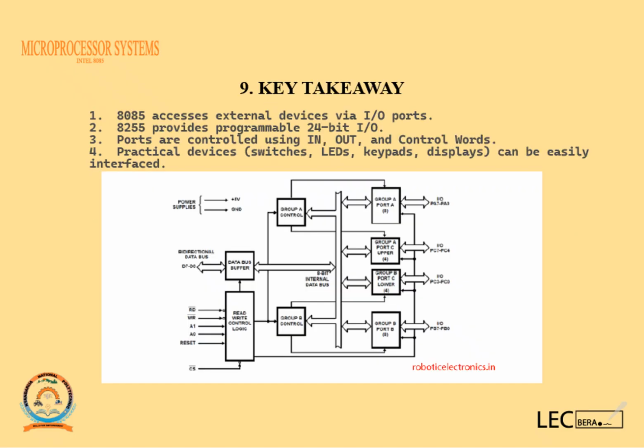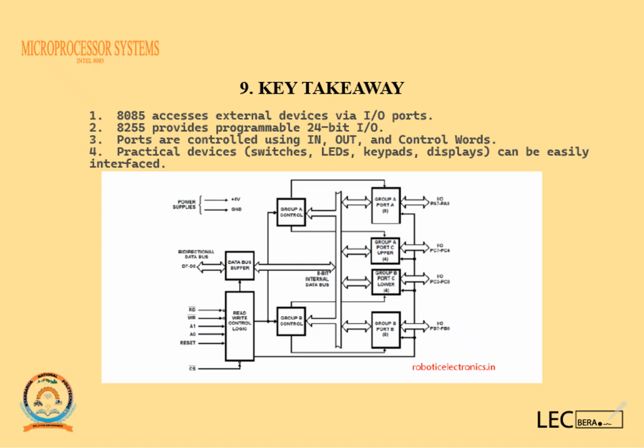Now we've come to the end of our discussion, and there are some key takeaways I want you to have with you. Number one, 8085 accesses external devices via input-output ports. I told you that one. 8255 provides programmable 24-bit input-output.